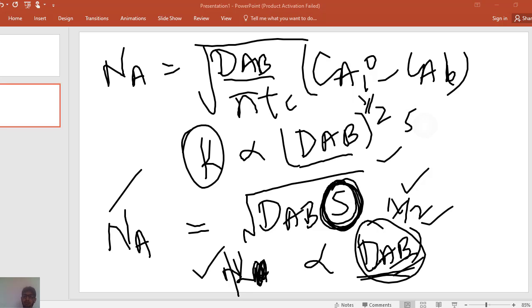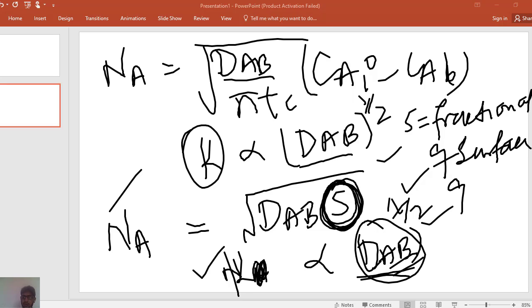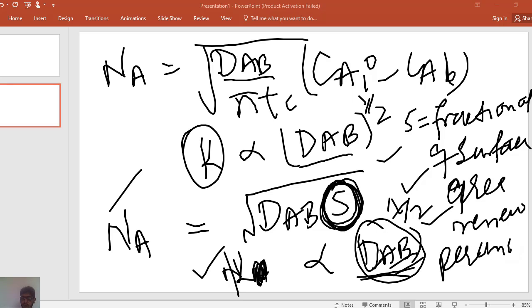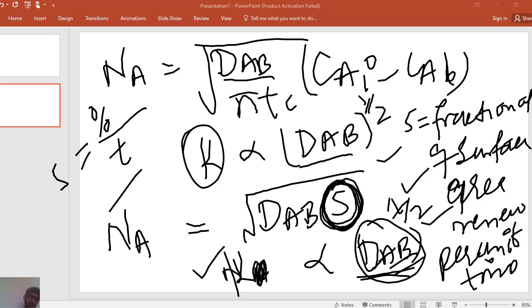The fractional surface area means the percentage of area which is renewed per unit time. So the unit of S is 1 over time, 1 over second.